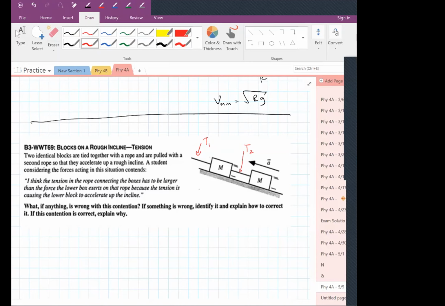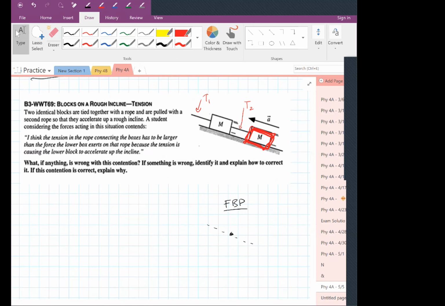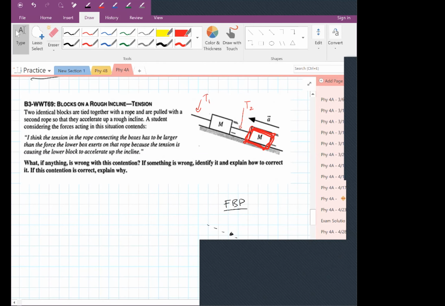So now let's think about what they're saying here. What does T2 have to be greater than? In order for m to accelerate up the incline, the last box here, T2 has to be greater than what forces? Should we draw a free body diagram for m? Yes.